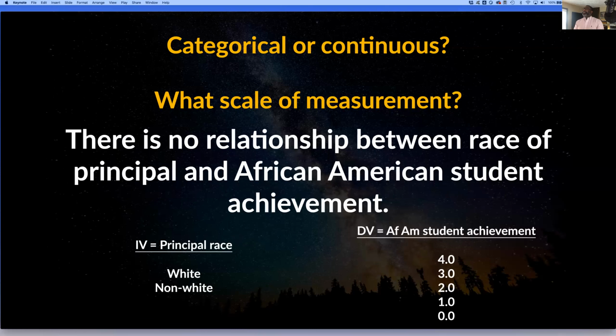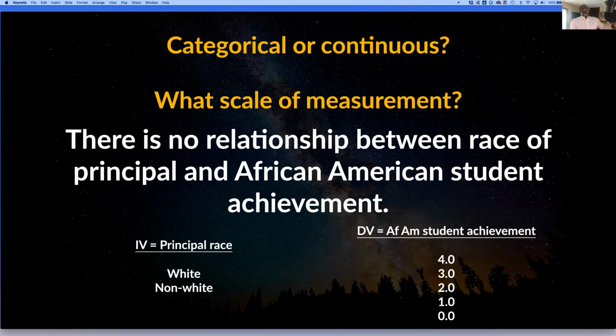Okay. There's no relationship between the race of a principal and African American student achievement. I'm going to take a step back again and offer a bonus question. What kind of hypothesis is this? Get a chance to read it.